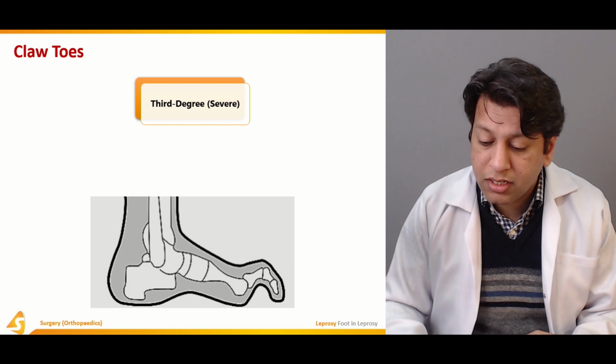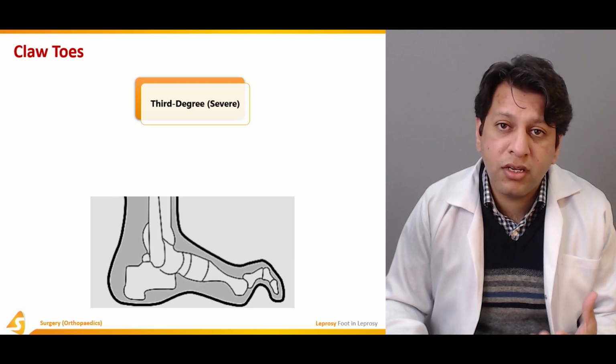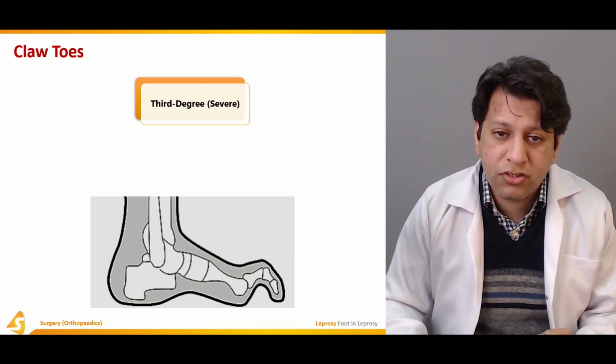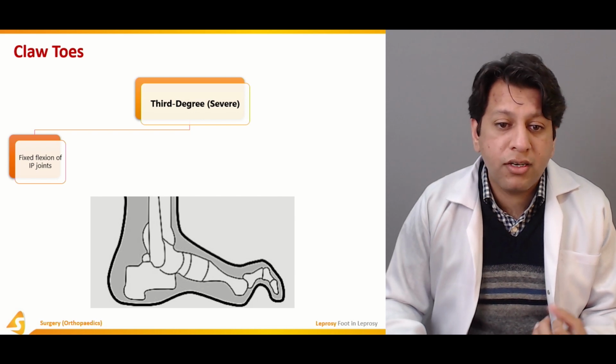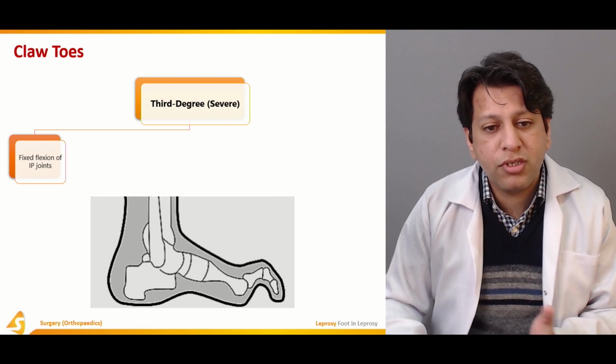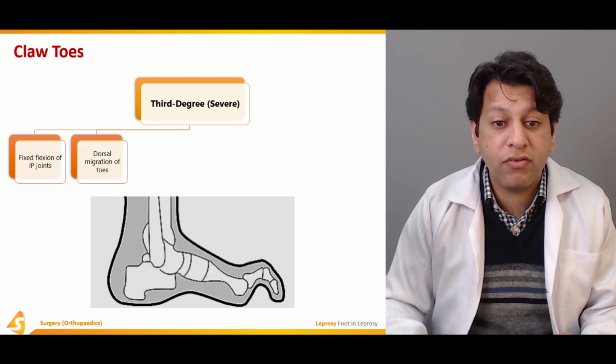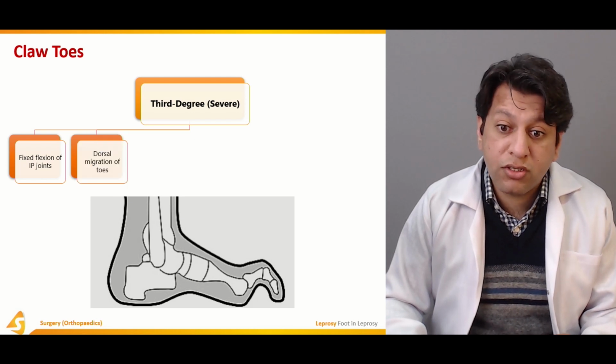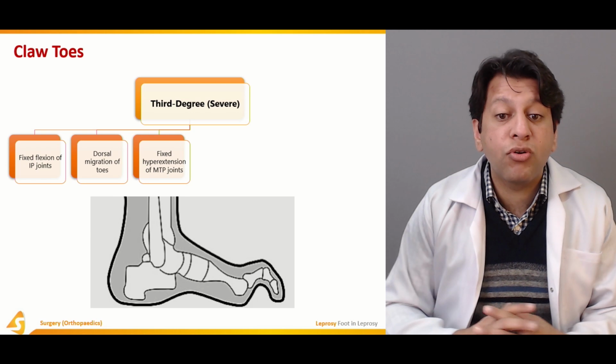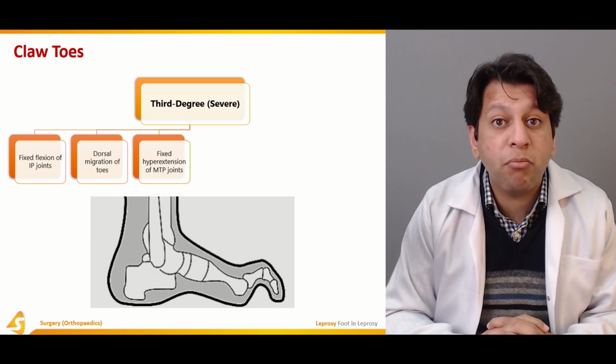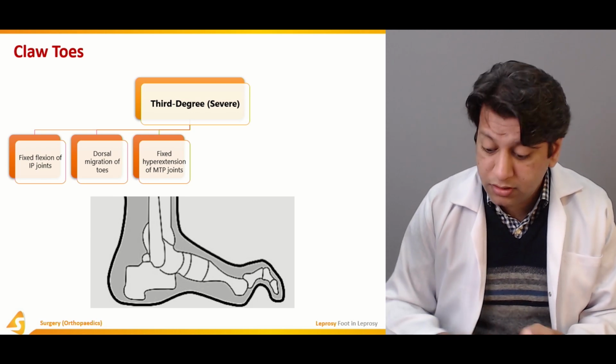So this is a third degree toe in which the deformities have developed into a rigid structure. Therefore, it requires treatment of all this deformity of fixed flexion of the interphalangeal joints. Dorsal migration of toes has to be prevented. There could be fixed hyperextension of the metatarsophalangeal joint.